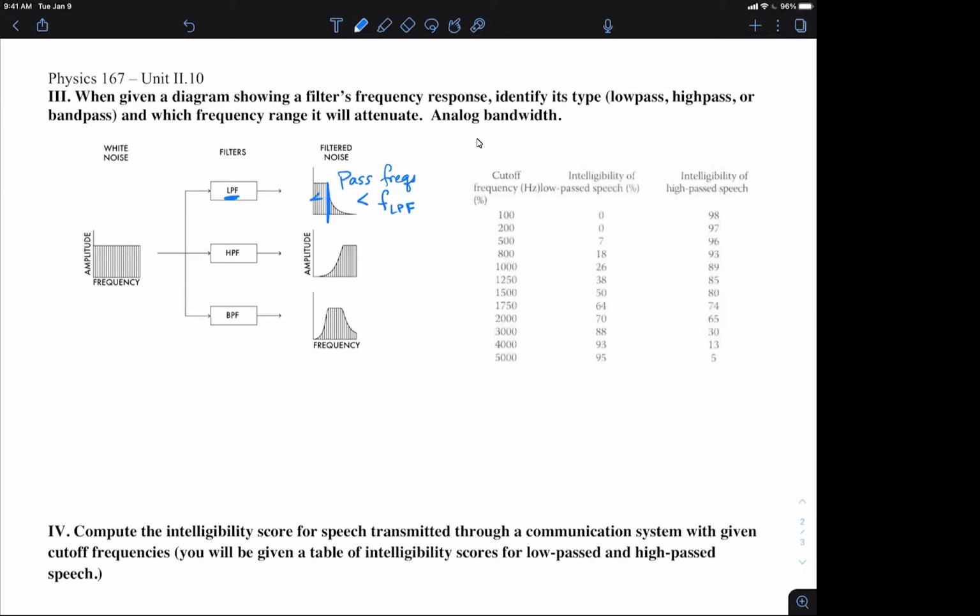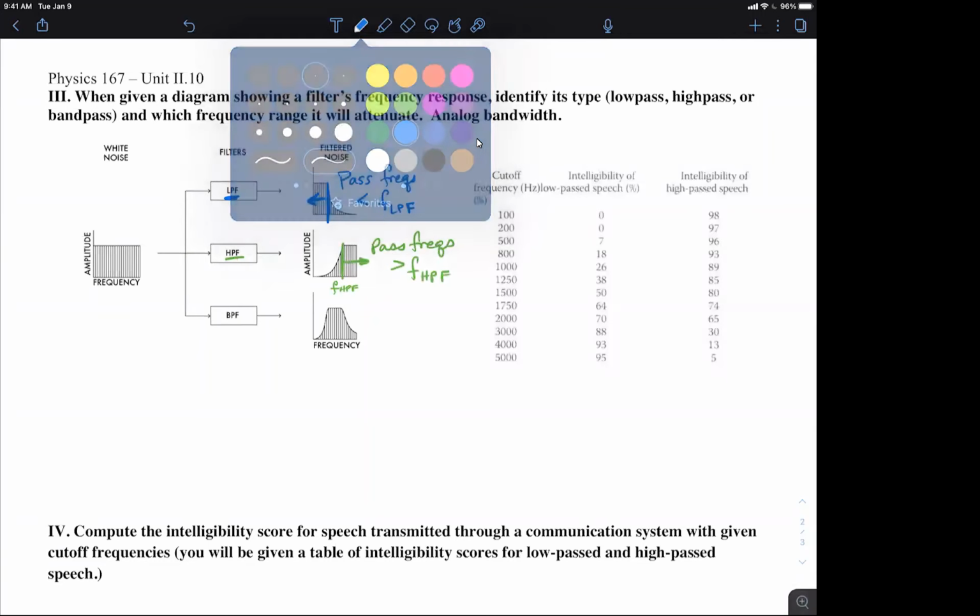So all of these guys. Whereas the high pass filters pass frequencies greater than the high pass filter cutoff. So everything this way of the cutoff frequency. So that would be the high pass filter cutoff, and this would be the low pass filter cutoff.